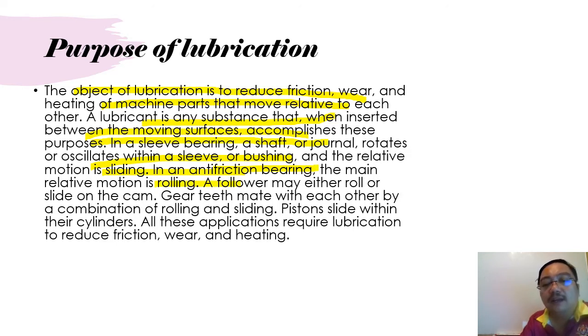A follower may either roll or slide on the cam, gear teeth mate with each other by a combination of rolling and sliding, and pistons slide within their cylinders. All these applications require lubrication to reduce friction, wear, and heating. Especially in journal bearings, you will need a lot of lubrication.